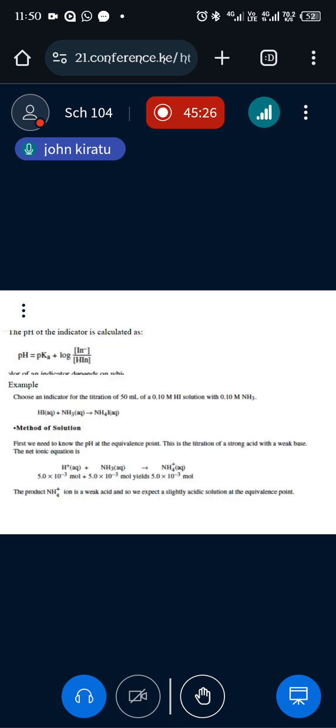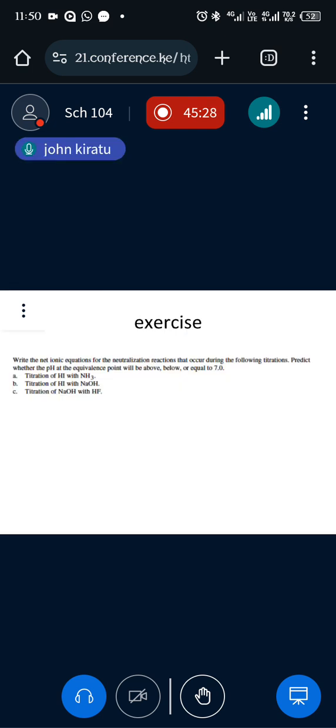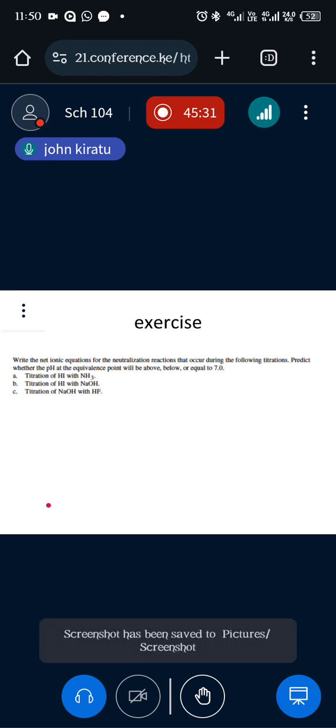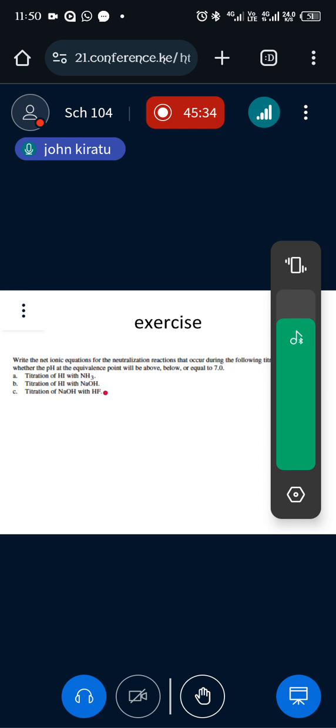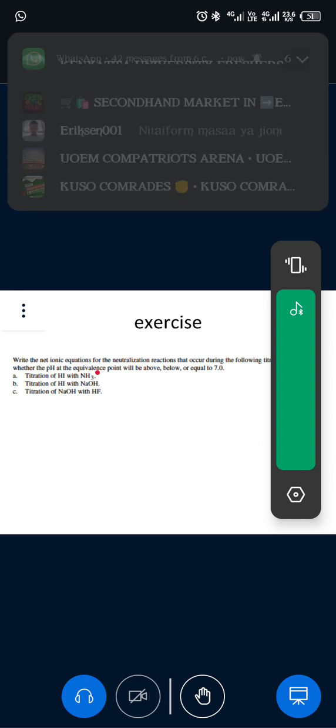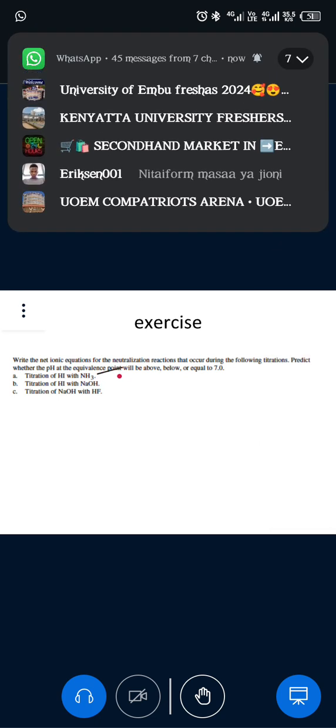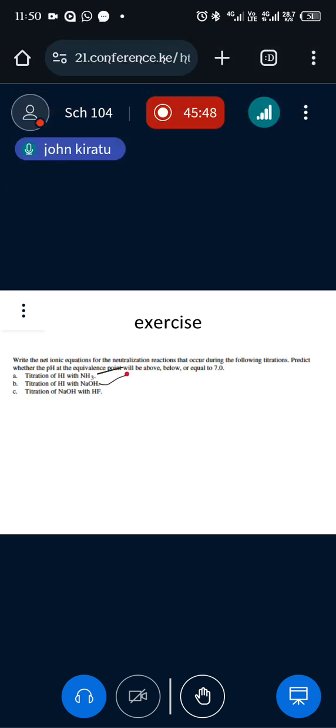If you have a piece of paper somewhere, I want you to write part A and part B. Titration of hydrogen iodide and ammonia. Then titration of hydrogen iodide and sodium hydroxide.